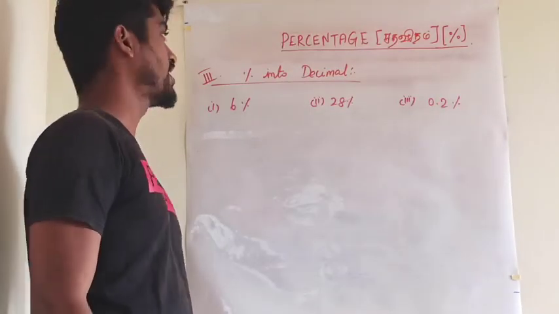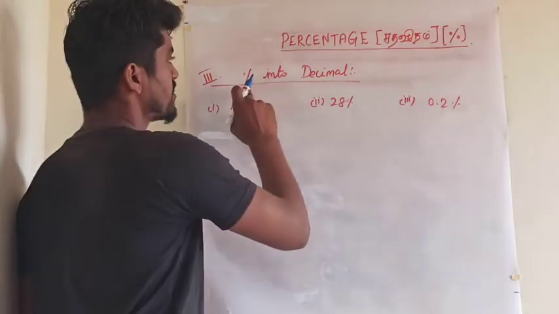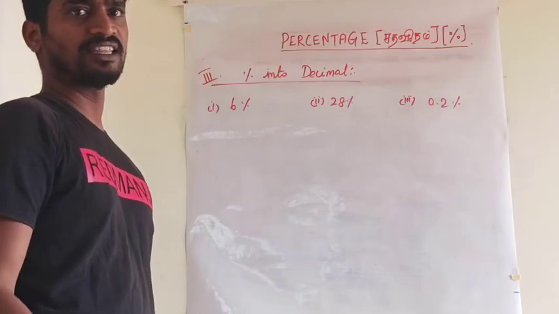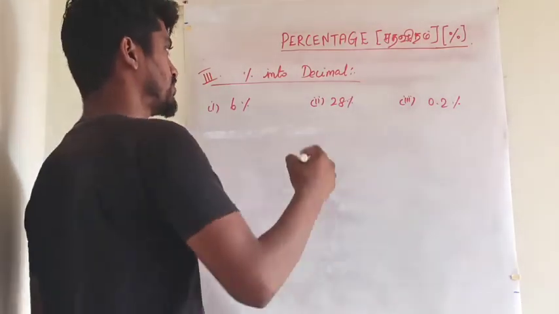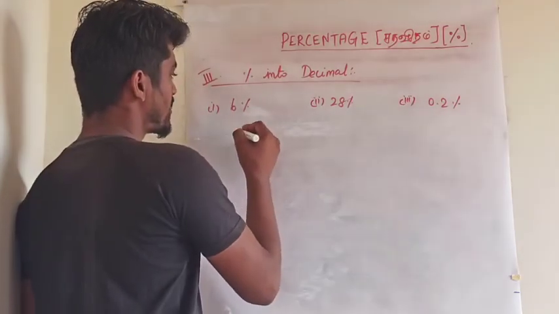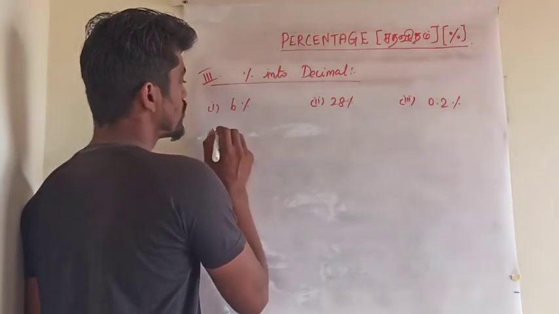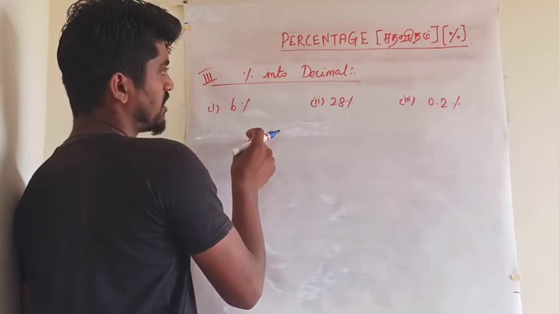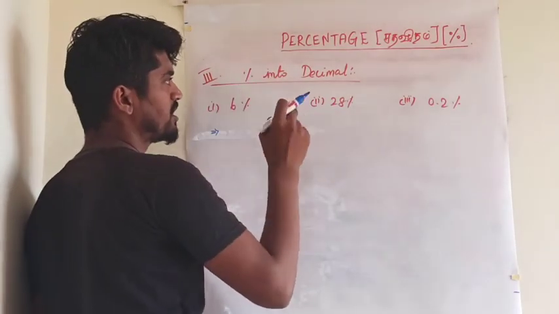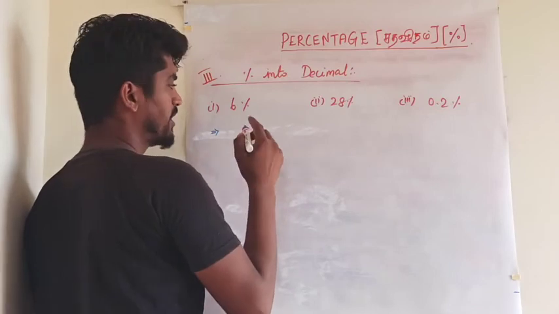From this type, we have to convert the percentage value into decimal value. Decimal value is nothing but a point value. From the first example, 6% is given. For the conversion of percentage into decimal or fraction, we have to divide by 100.